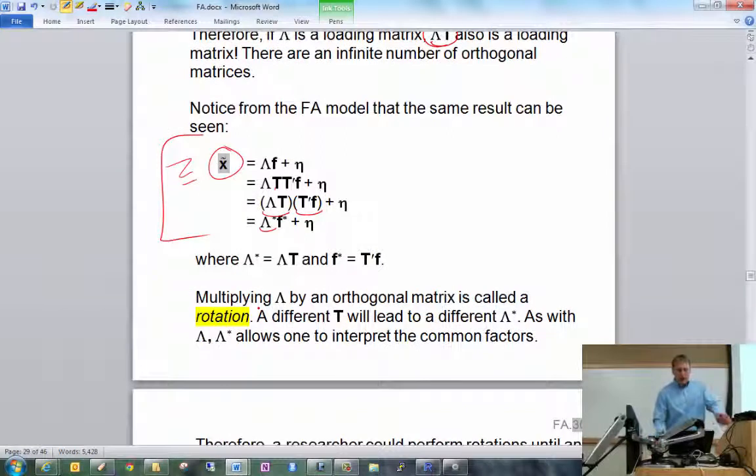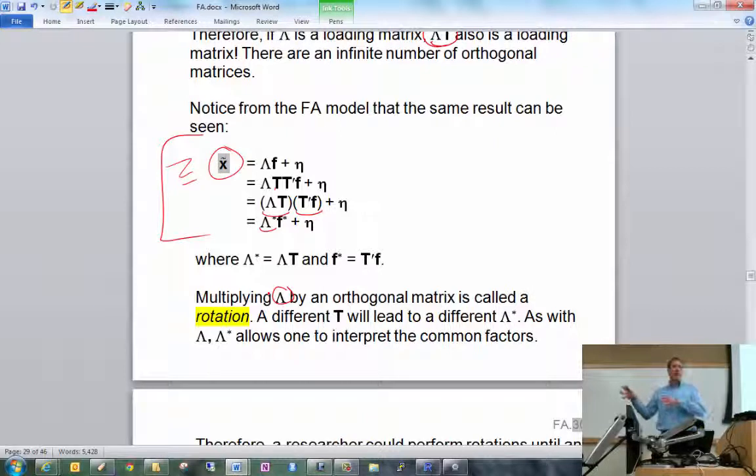Okay, so by multiplying lambda by an orthogonal matrix, this has a special name in factor analysis. It's called a rotation. And the reason why it's called the word rotation is that there's actually a graphical interpretation that one could look at to understand better what's happening here.